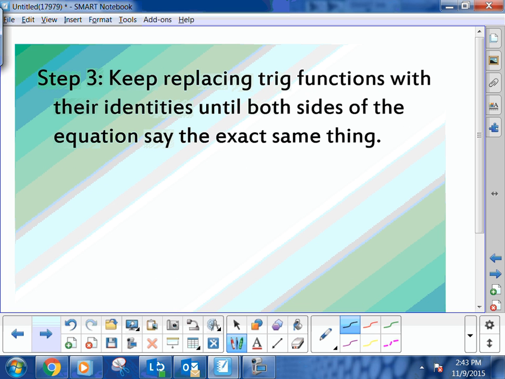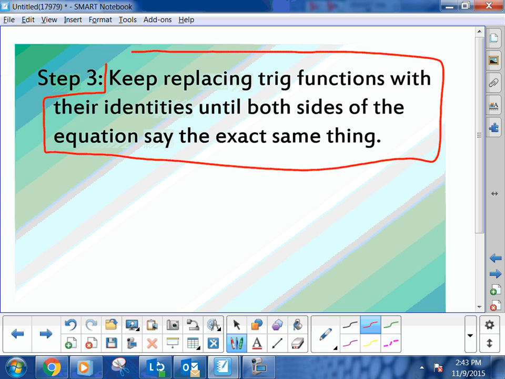There is something I do want you to write down. Your main goal, step 3, which is really the last step of all these steps. The first couple of steps, I don't have you writing them down, because I think you should write those down after you've had some experience working with them. The number one thing you need to get a hang of is that you're going to keep on replacing trig functions with their identities until both sides of the equation say the exact same thing.